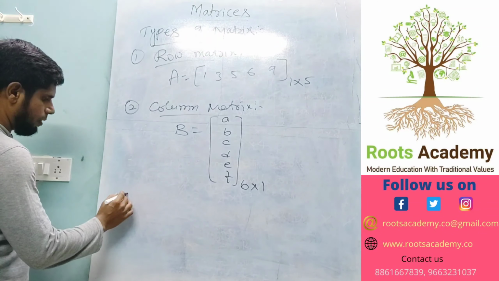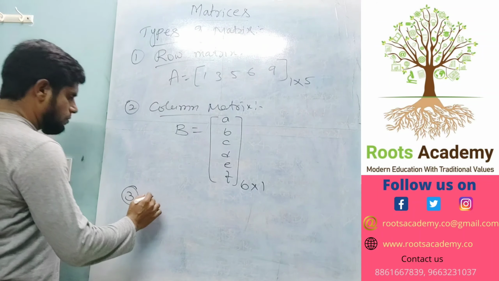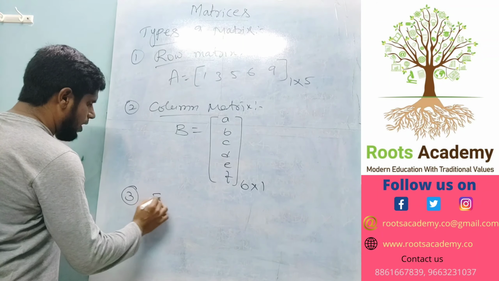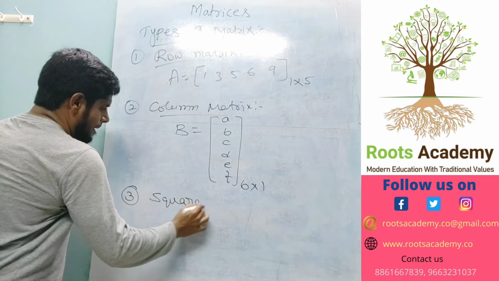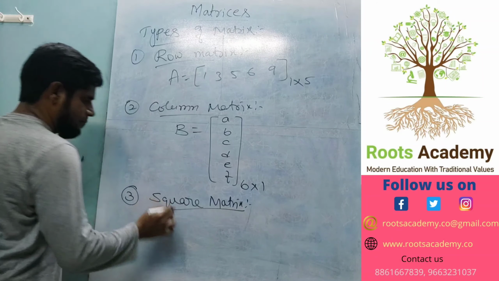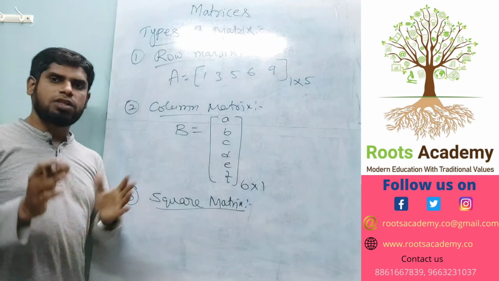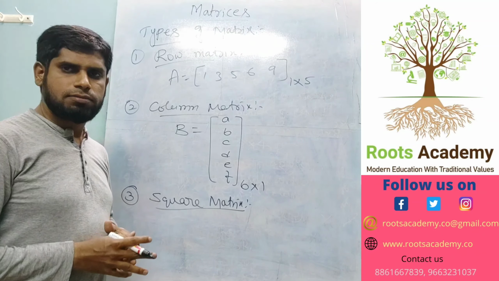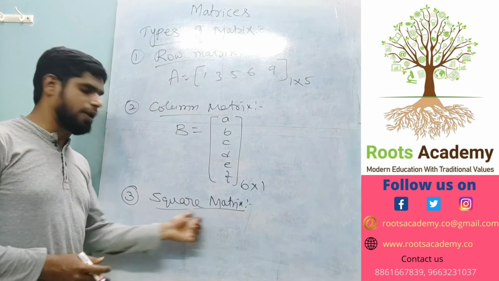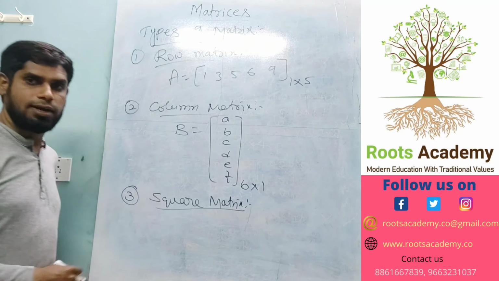Next, third one, square matrix. Student, we know in a square all the 4 sides are equal. That's one of the properties of a square. Now like that here, square matrix.